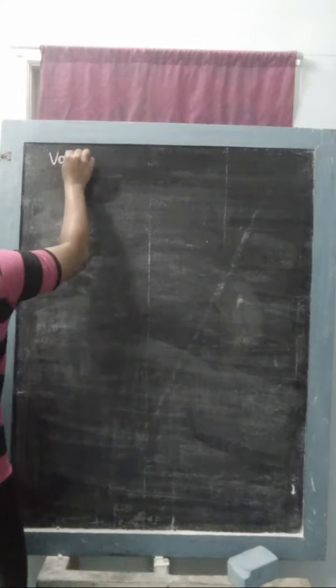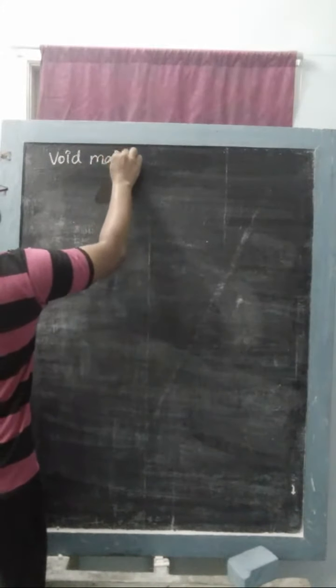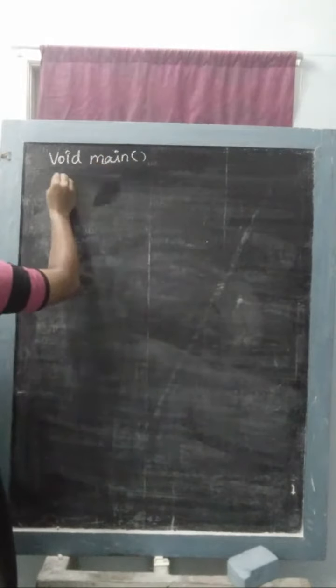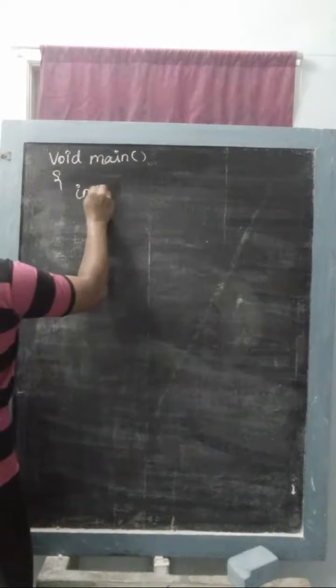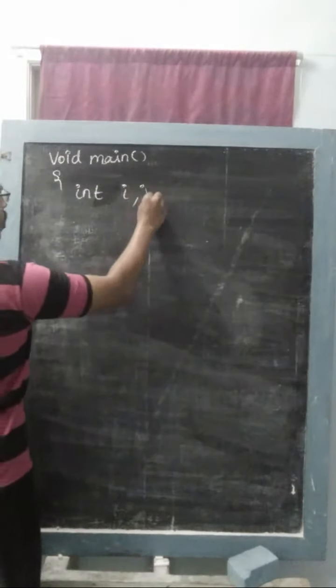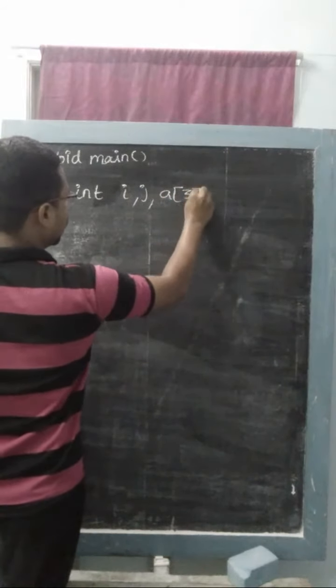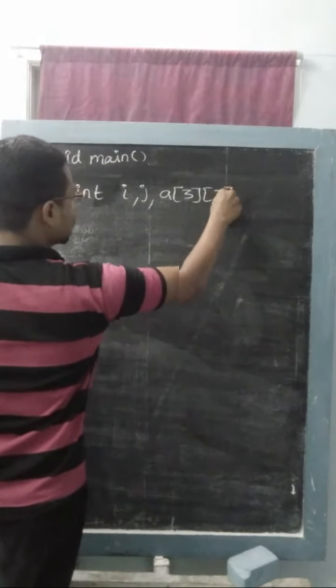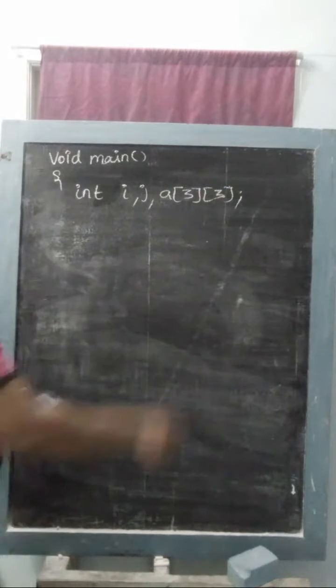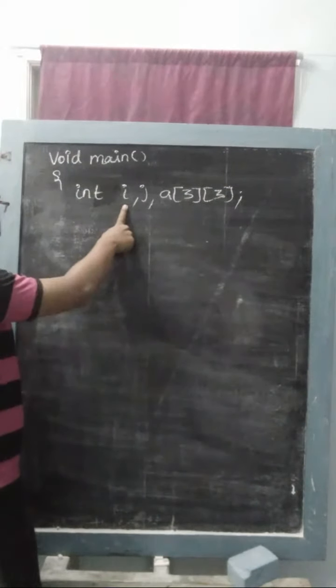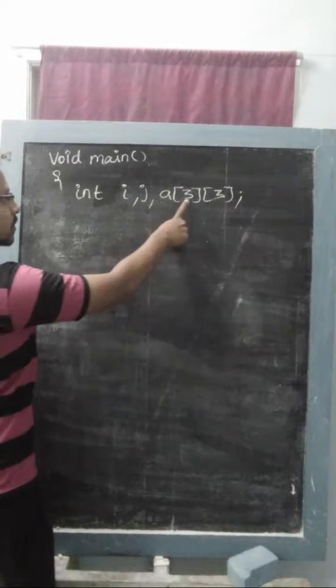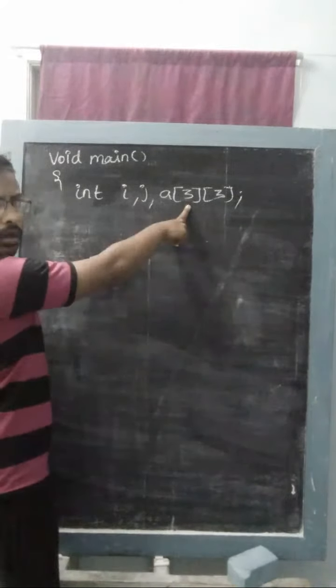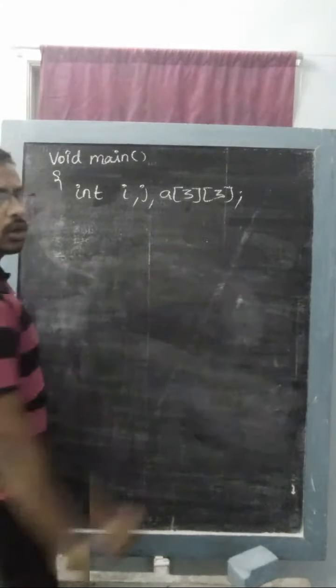I'm starting the C program: integer i for row and j for column, and then a of 3 of 3, that is 3 rows and 3 columns. i for row and j for column, and 3 for row size and 3 for column size.